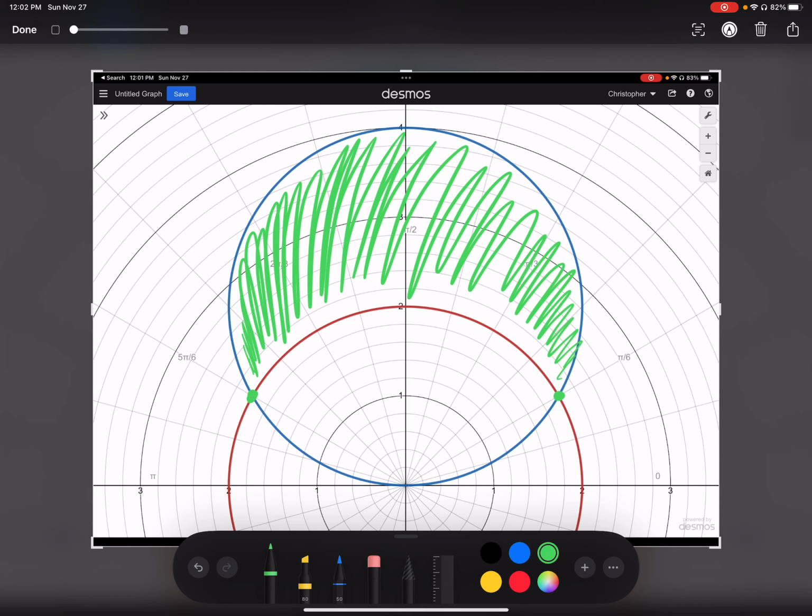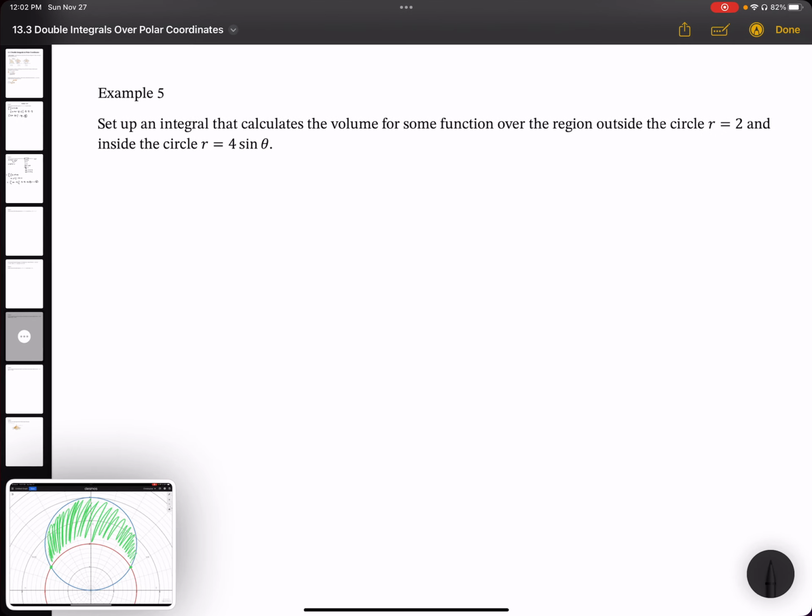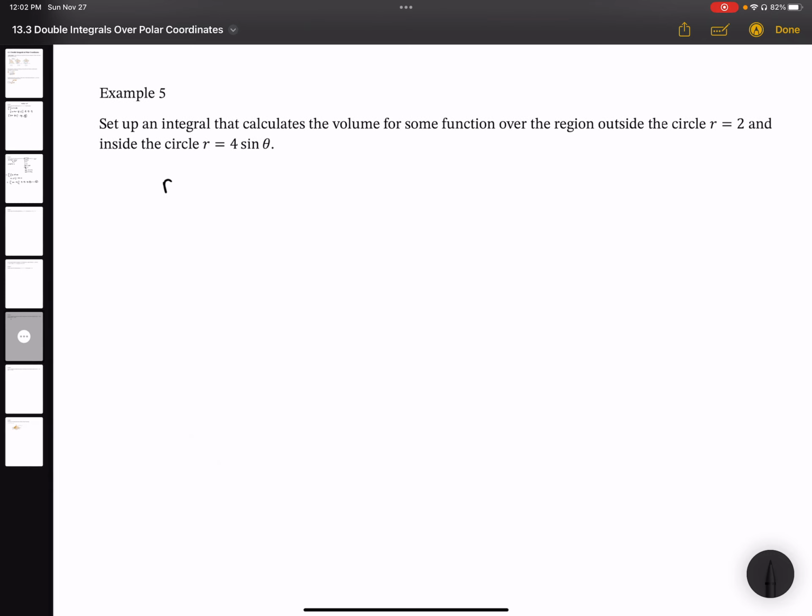So it's going to be from 2 to 4 sine theta. So when we're writing our integral, r ranges from 2, the smaller circle, to 4 sine theta. And then our theta is from pi over 6 to 5 pi over 6.